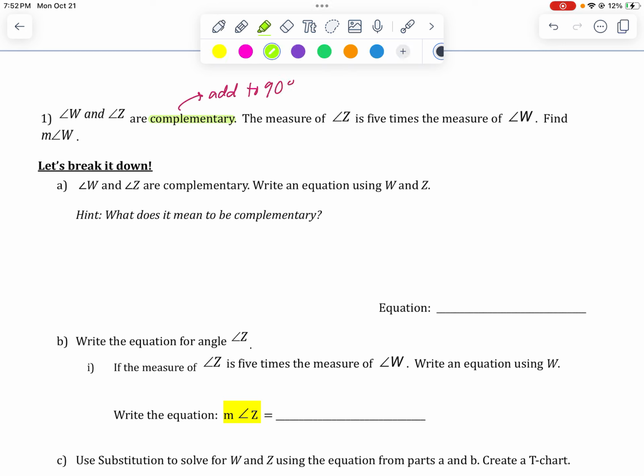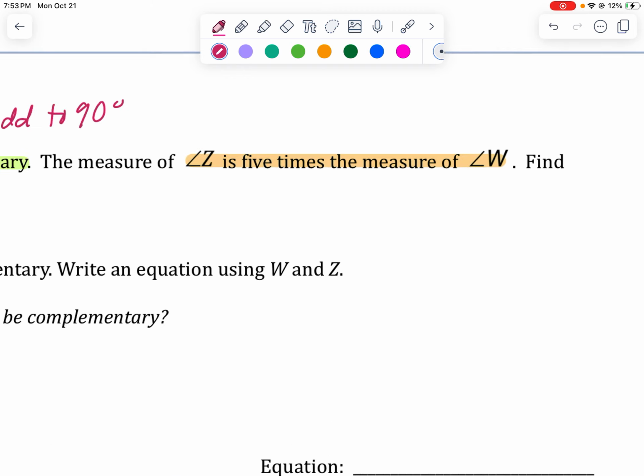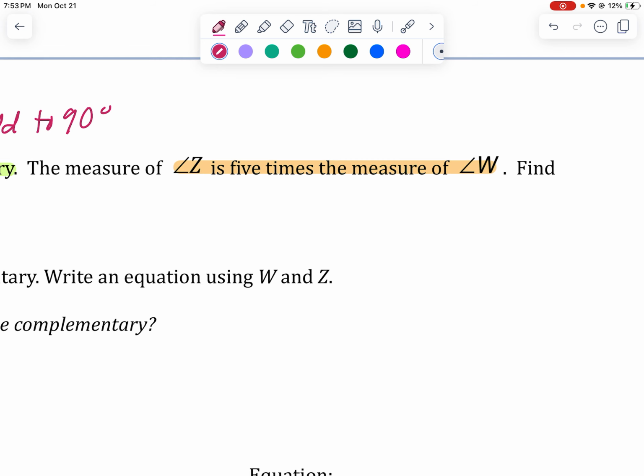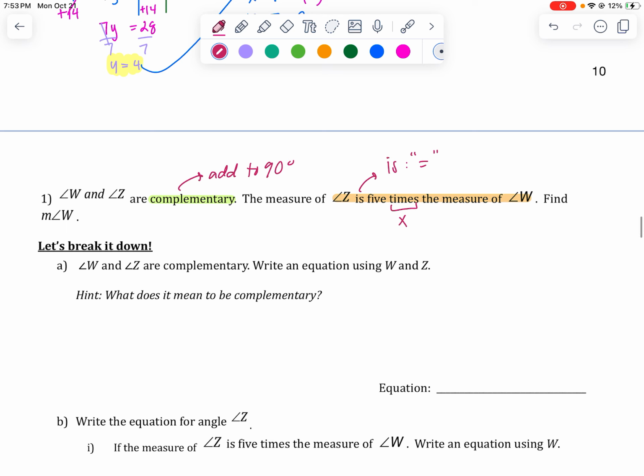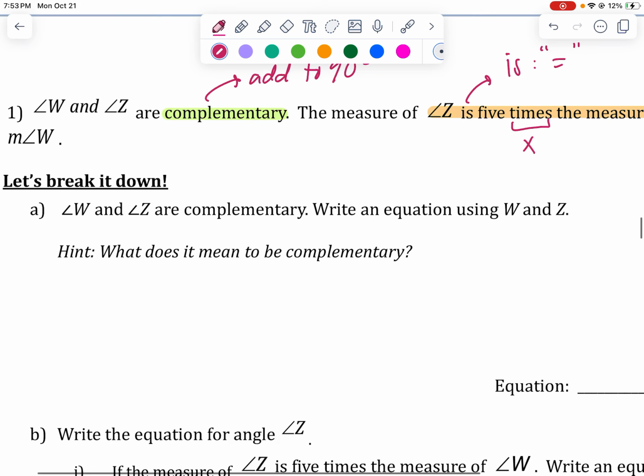It says that the measurement of Z is 5 times the measurement of W. When we're looking at this, "is" is another word for equal, right? We know that times is just our multiplication and so forth, but we can break it down in a little bit.